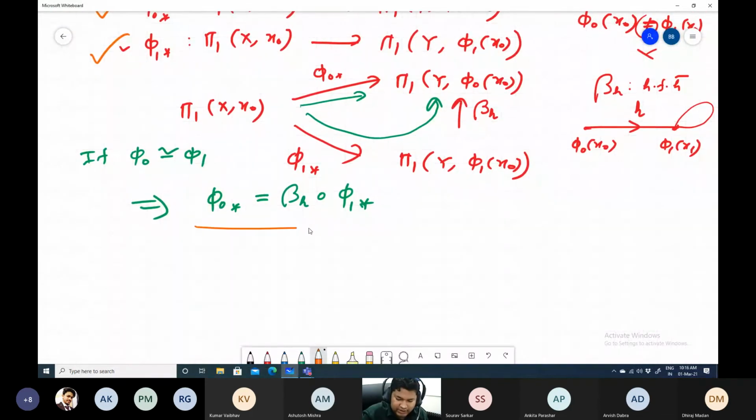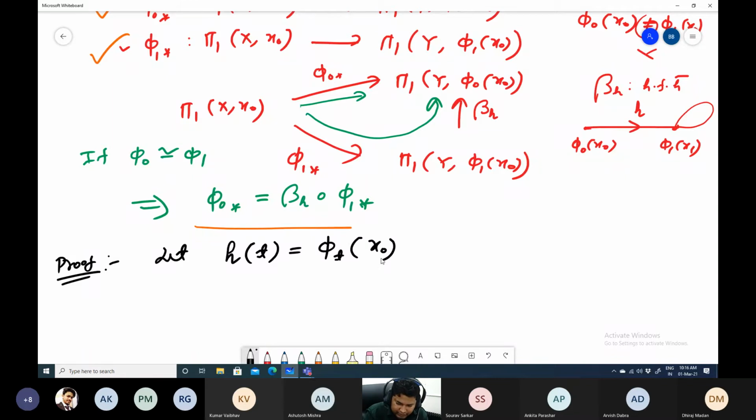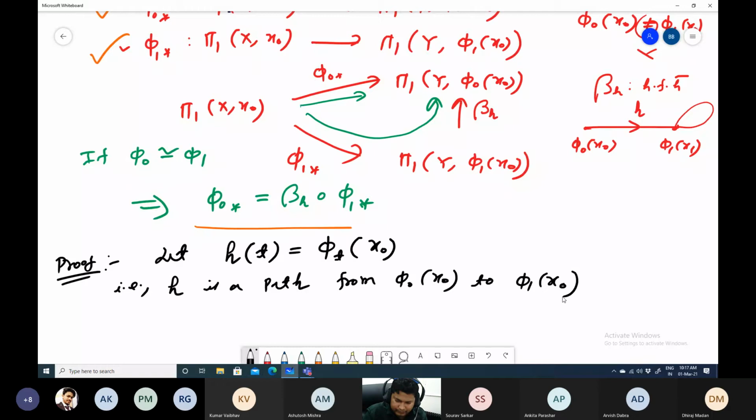Okay. So now what will we prove actually? Now we have to prove that. So that is our guess. So what should it be? Now we will prove that. So first of all, let h(t) equal phi_t(x0). That means h is a path from phi0(x0) to phi1(x0).